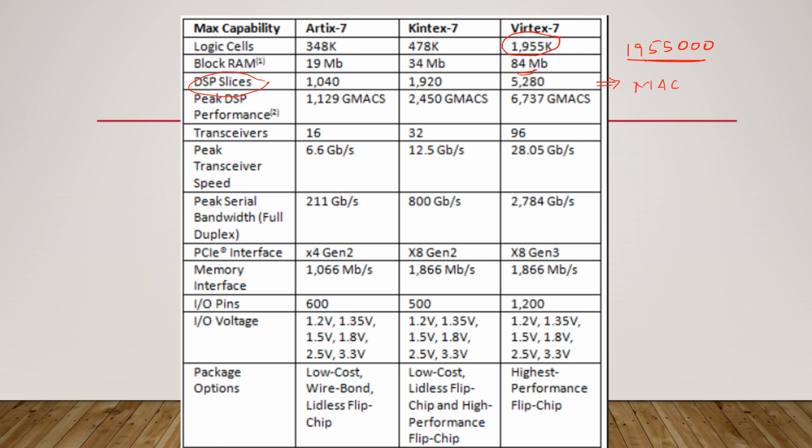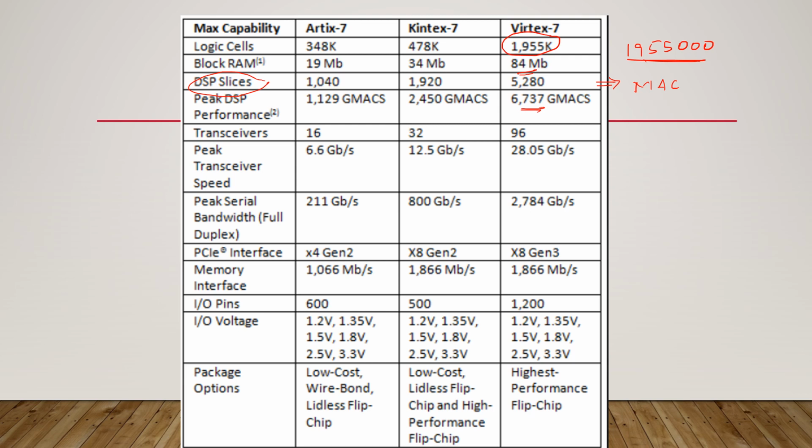The FPGA contains 5280 DSP slices in the Virtex, whereas in Kintex it is 1920, whereas in Artix it has 1040. And the performance of this DSP is 6737 GMACs, right? It is the highest compared to all others. That's why the Virtex 7 has high performance. We can say it is a high performance FPGA.